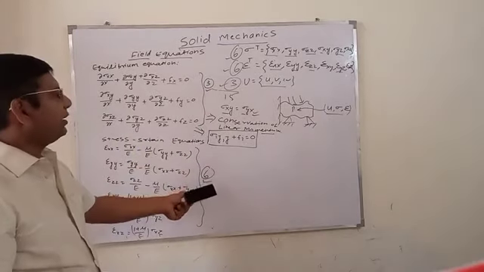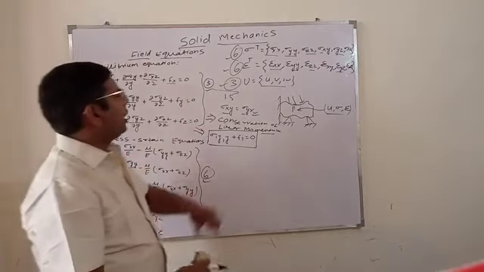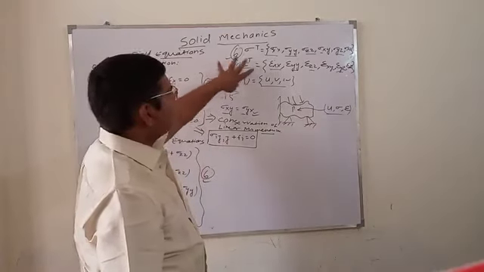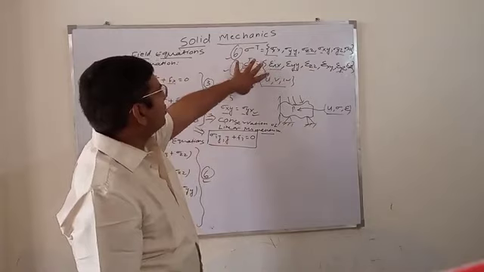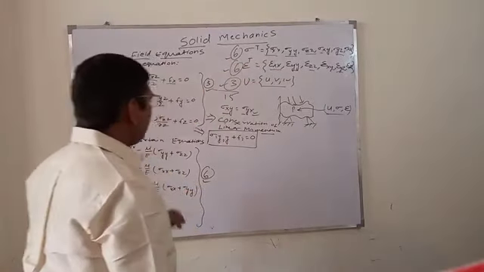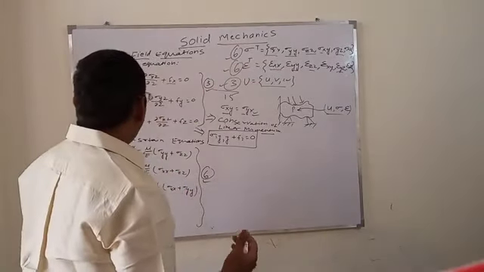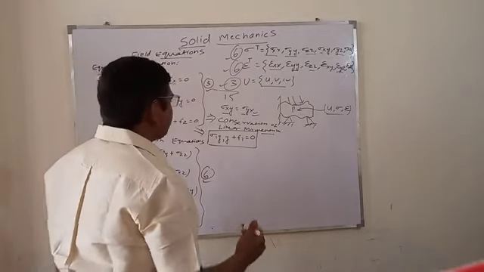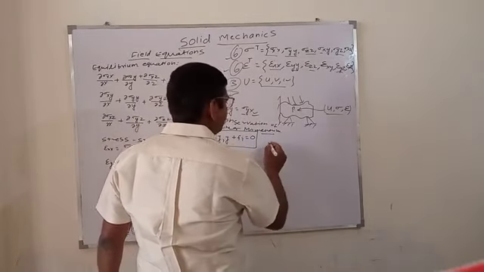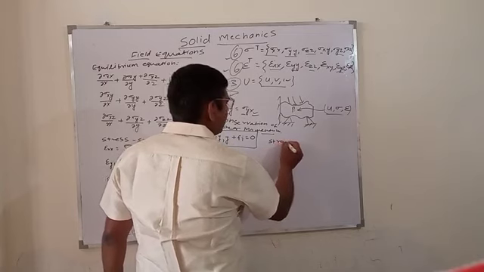So 3 from here and 6 from here make 9, but we still need 6 more equations, because the total number of unknowns is 15. One more thing is left, and that is the strain displacement equation.